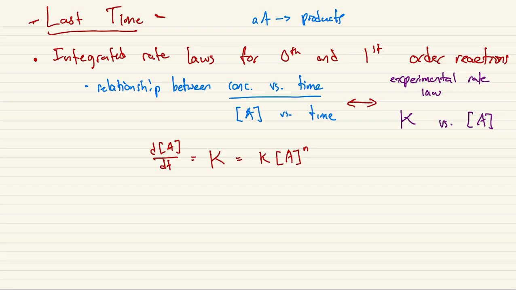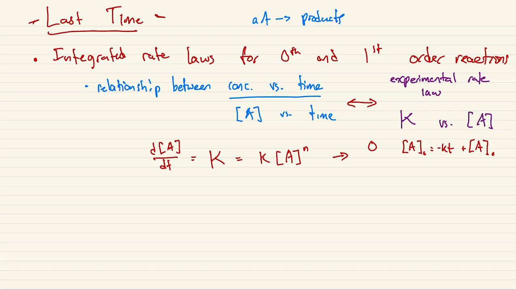We don't have to do any calculus or anything like that, but that was called the differential form of the rate law. And you solve that, and then that gives you one of two laws. For a 0th order, it was concentration at time t is equal to minus the rate constant times t plus the initial concentration.